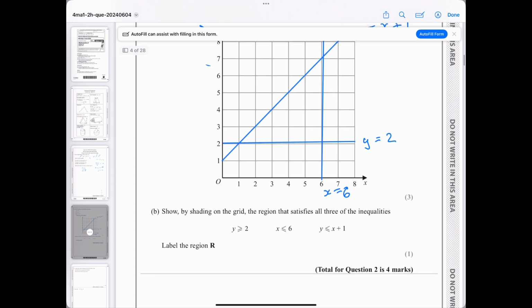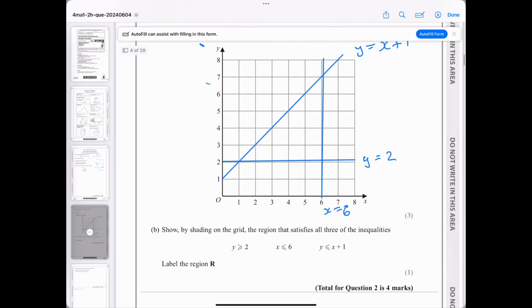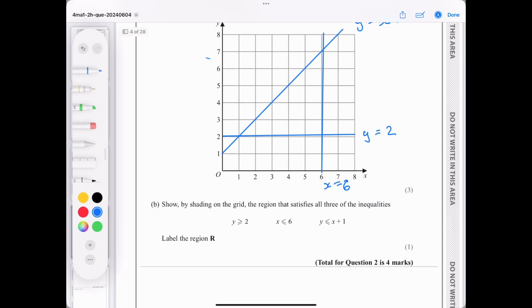Show by shading on the grid. So y is greater than 2, so that would be that way. Hang on, that would be that way. So I think it's going to be there. x is less than 6, so that's going to be that way.